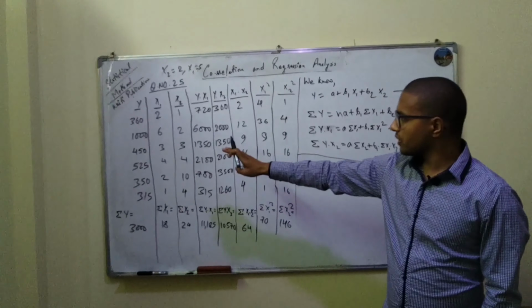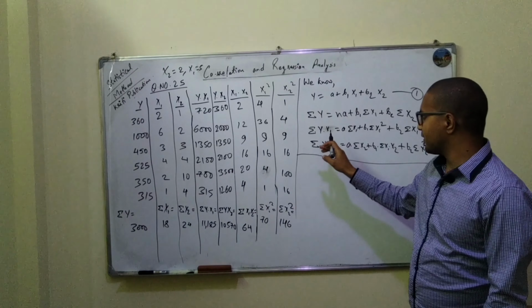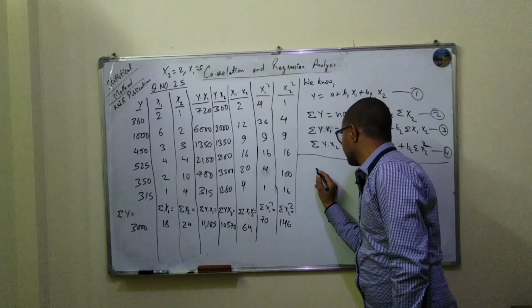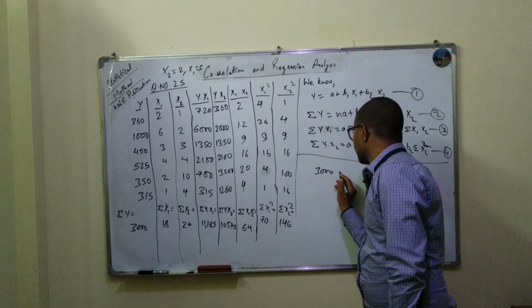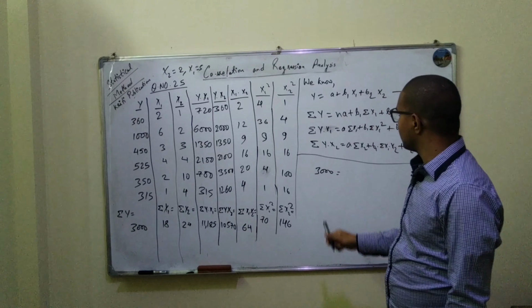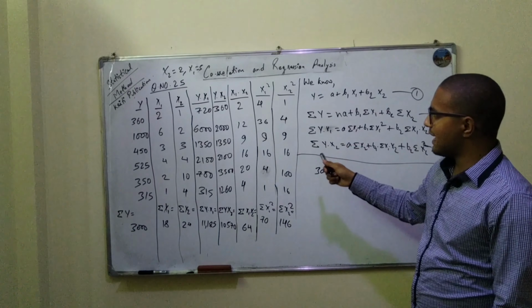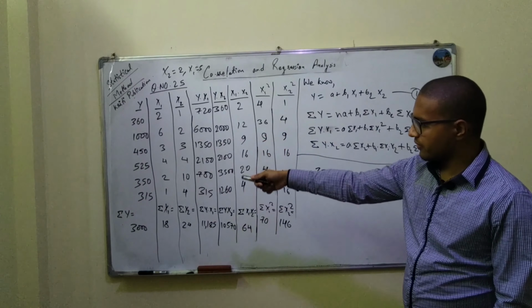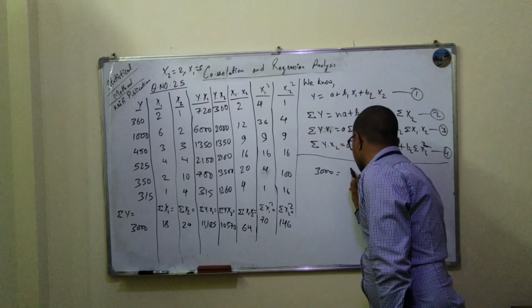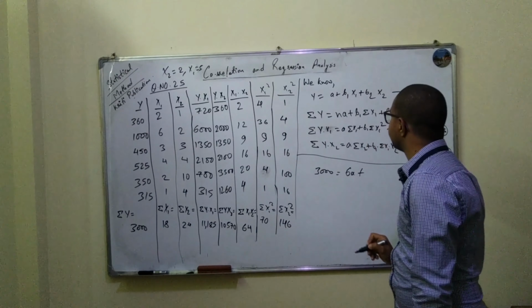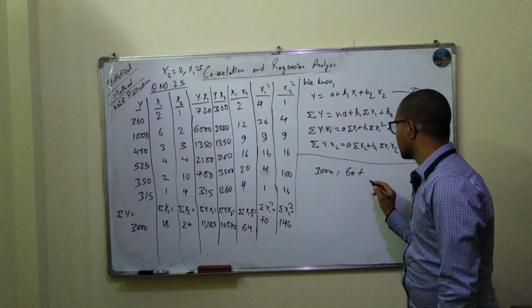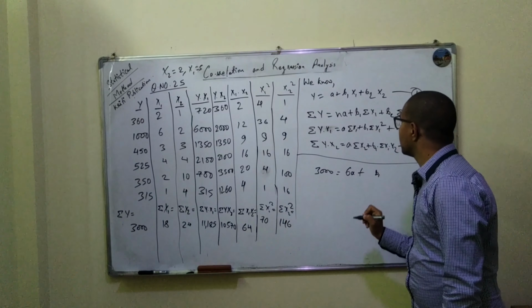For y, it is 3000. And then your n is the number of observations: 1, 2, 3, 4, 5, 6. So 6a plus, b1 is not there.